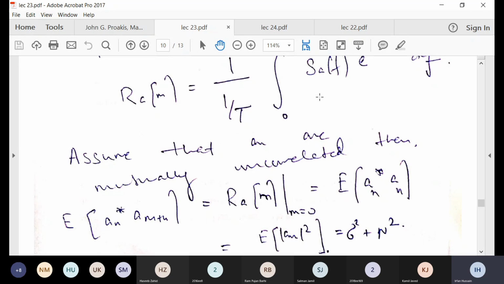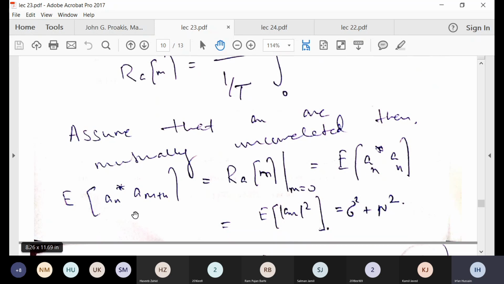Now let us assume that the symbols, these an and am, are mutually uncorrelated. Most of the time they are uncorrelated. So in that case, first of all, let us find the autocorrelation for m equal to 0, when there is no delay. In that case, an times an conjugate becomes |an| squared.